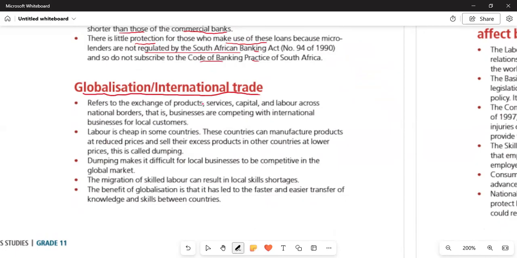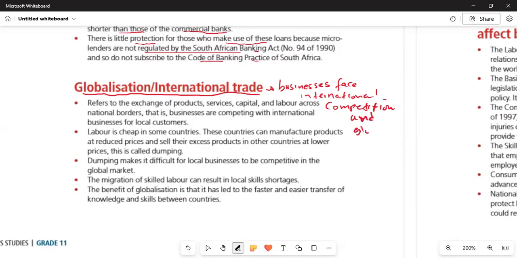With globalization and international trade, we're talking about businesses facing international competition and global trends.